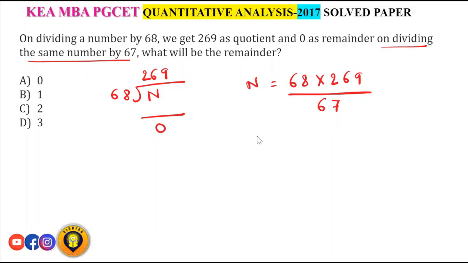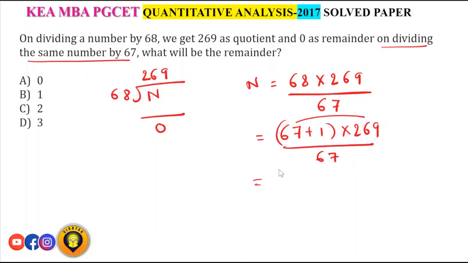Okay, in order to save your time, what you can do here is 68 you can split in your mind as 67 plus 1, correct? So 67 plus 1 into 269 divided by 67. So this becomes 67 into 269 divided by 67 plus 1 into 269 divided by 67.